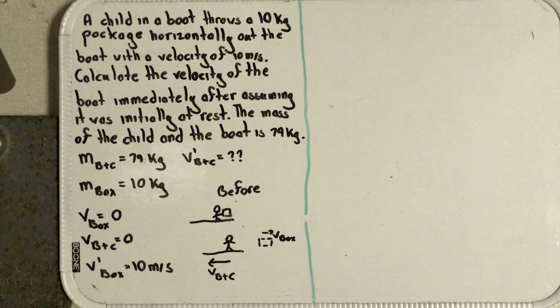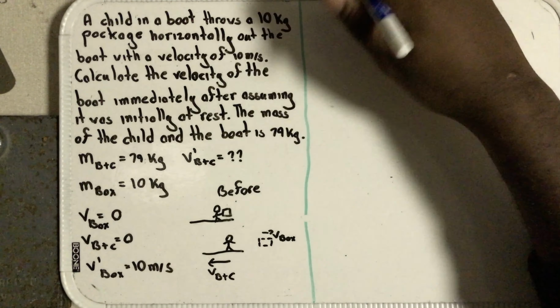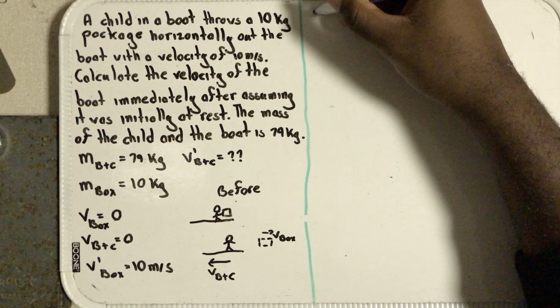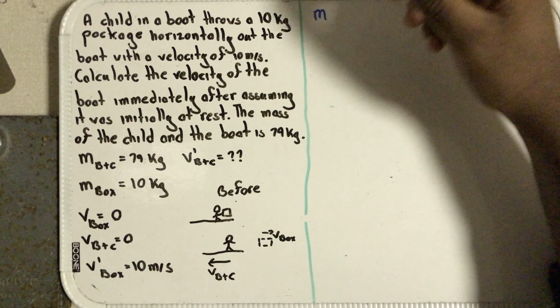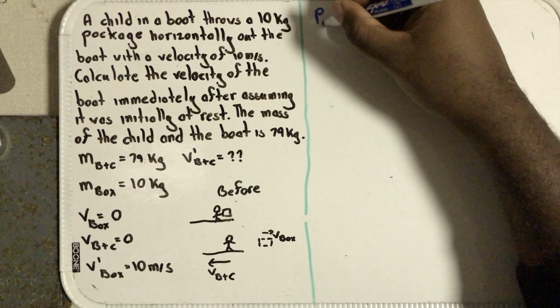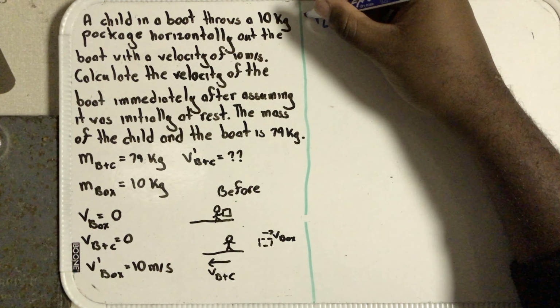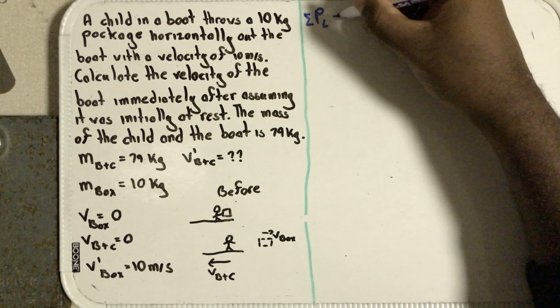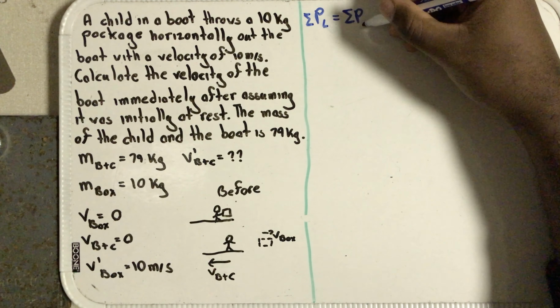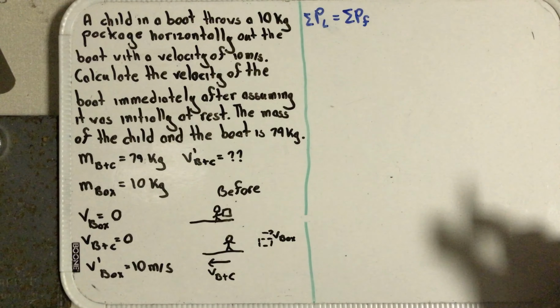So using the conservation of momentum, saying that momentum must be conserved, what this says is that the momentum, denoted by P, so total initial momentum must equal total final momentum.